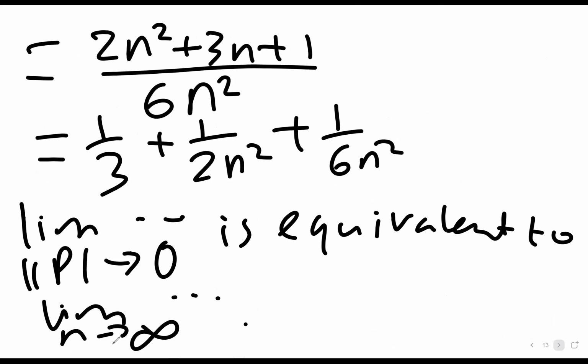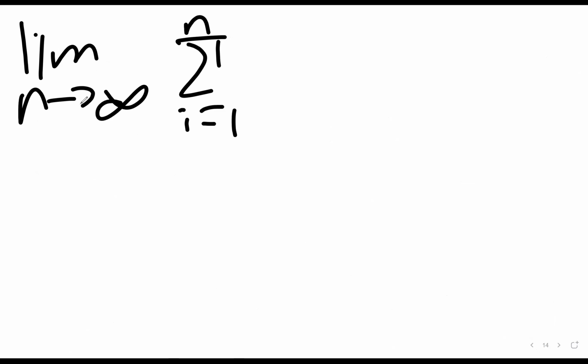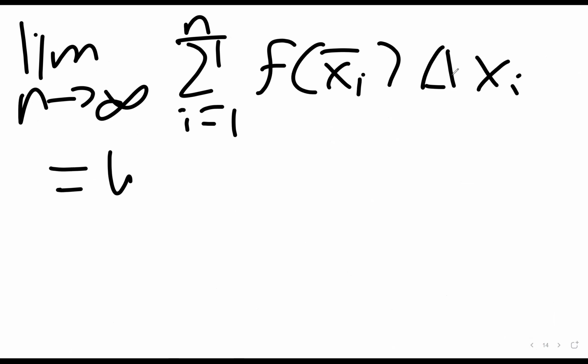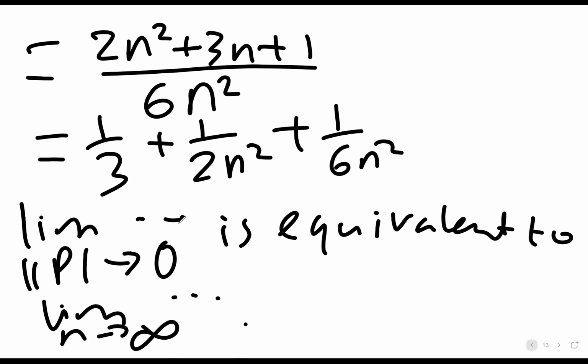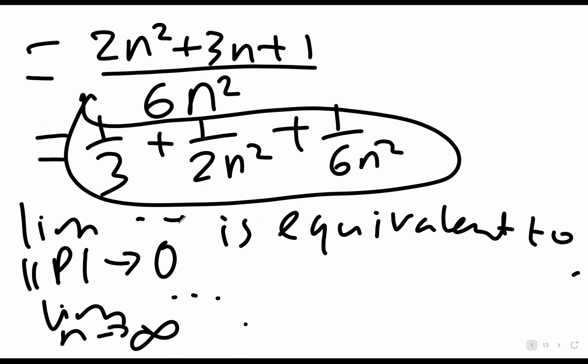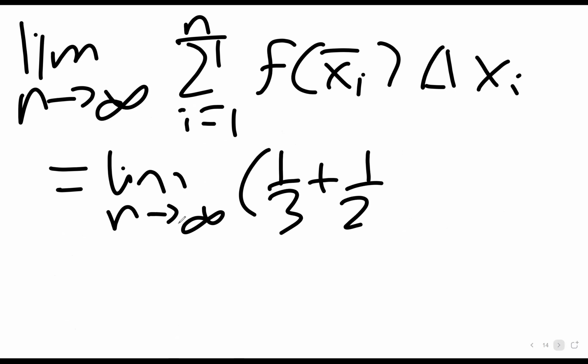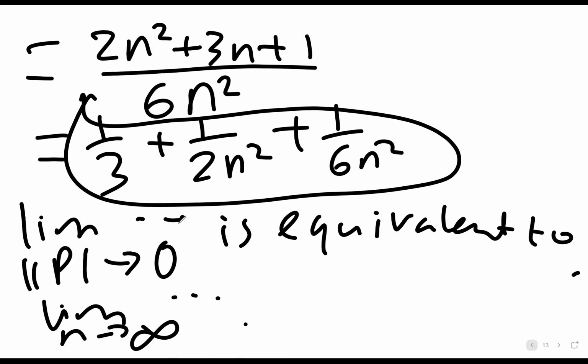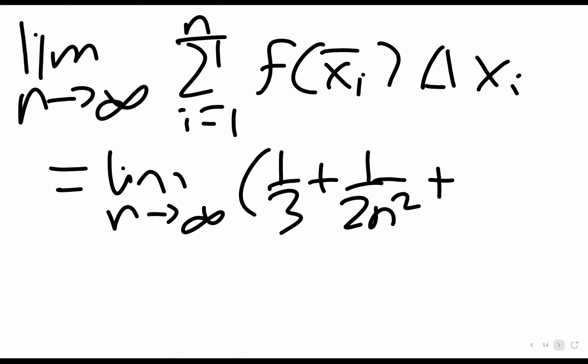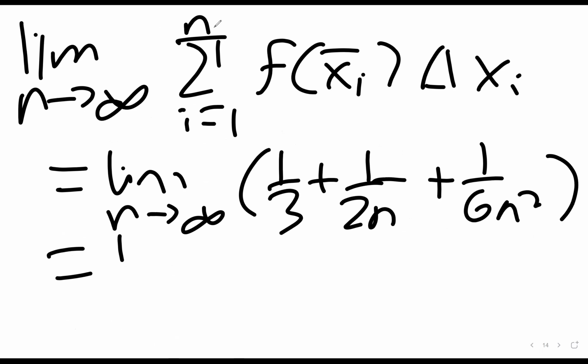So finally, we just take the limit as n tends to infinity of the summation i equals 1 until n of f of xi bar times delta xi, and it's the same as the limit as n tends to infinity of 1 over 3 plus 1 over 2n plus 1 over 6n squared, and this will be 1 over 3.